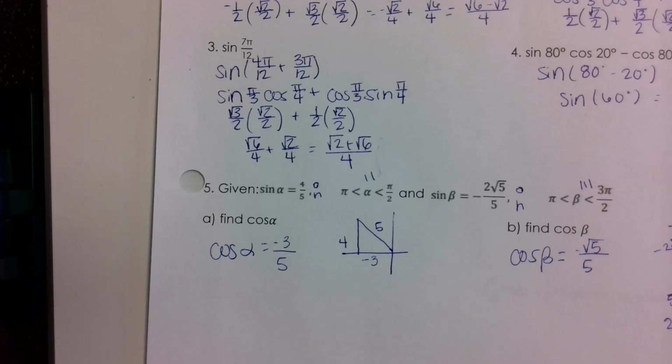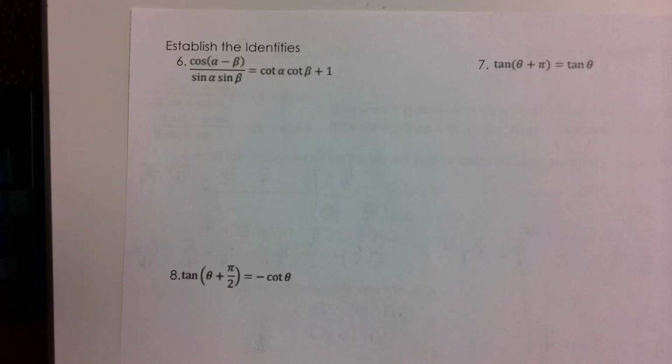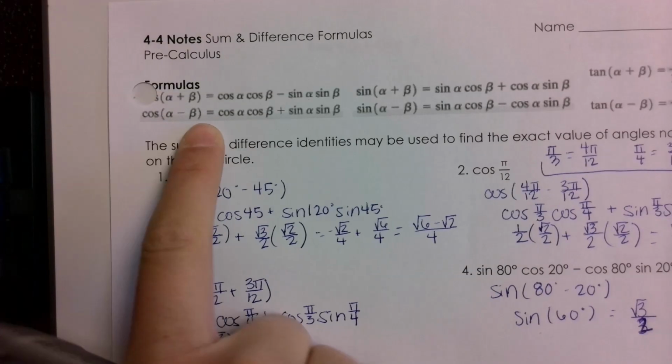So we're going to establish the identities on the back using those formulas that we have now. So angle sum and angle difference formulas. So for number 6, we've got cosine of A minus B, or alpha minus beta. So what could we rewrite that as? That big long thing that's on the front, right? Where it says cosine of alpha minus beta. Put all that instead. Is that okay?